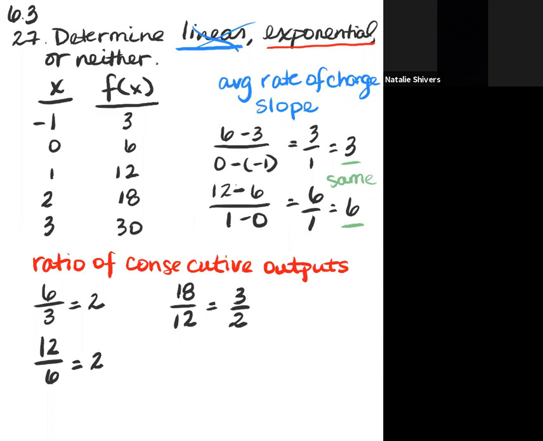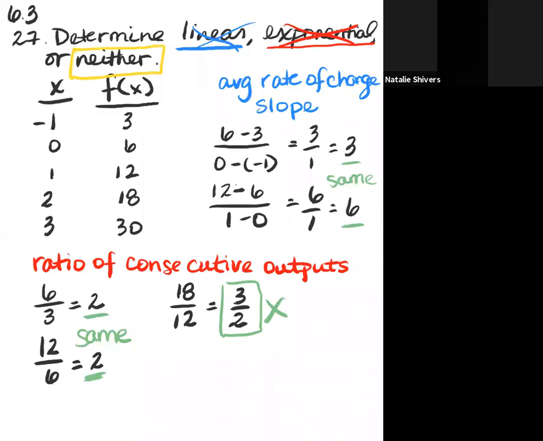So right there, this is the problem. Okay, these two are the same. This one's not. So again, it has to be the same, but it's not. So it's not exponential. So in this case, it's neither.